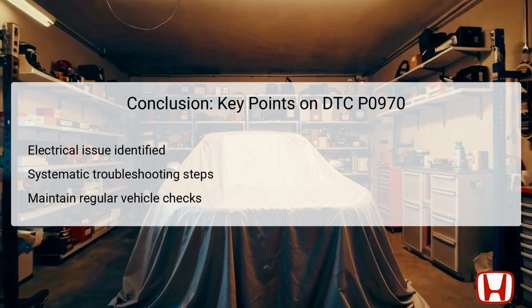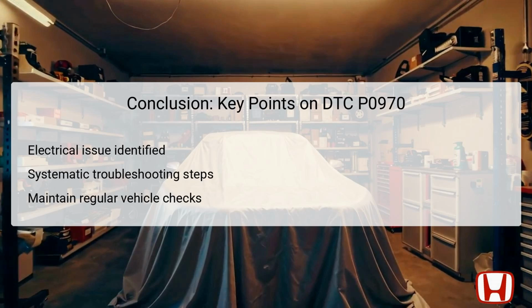In summary, DTC P0970 is an electrical issue associated with the pressure control solenoid C in the Honda Civic 2011 to 2015 models. Troubleshooting must be approached methodically, starting from verification to conducting thorough checks of both the solenoid and associated wiring. Recognizing the symptoms early, such as shifting issues and check engine light activation, plays a crucial role in timely intervention.